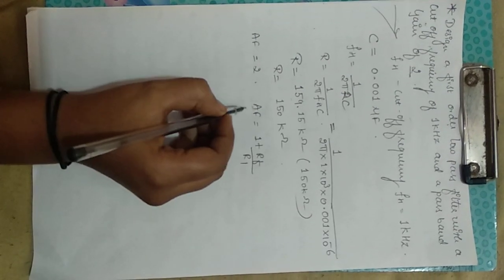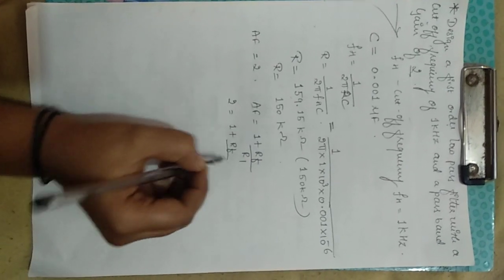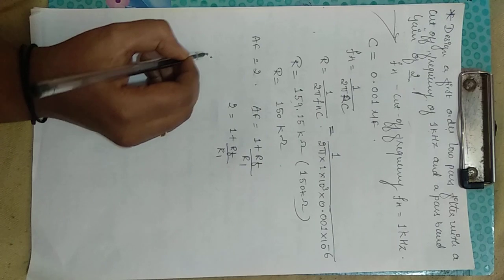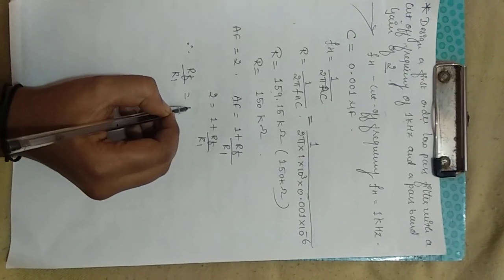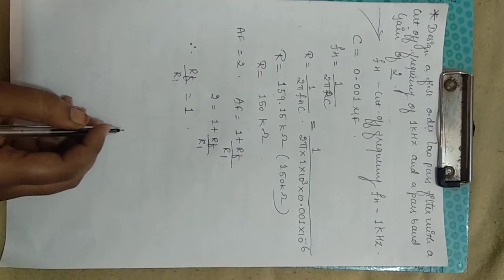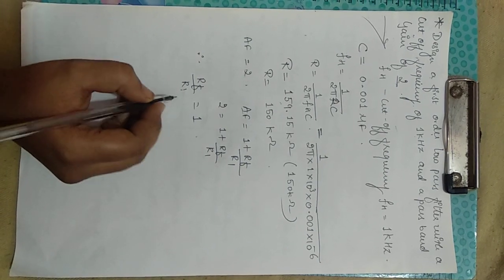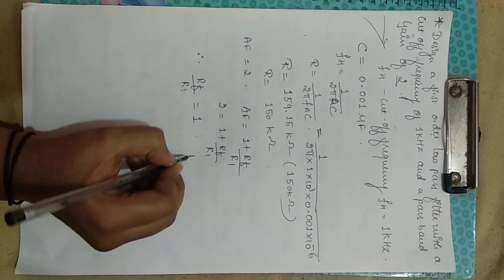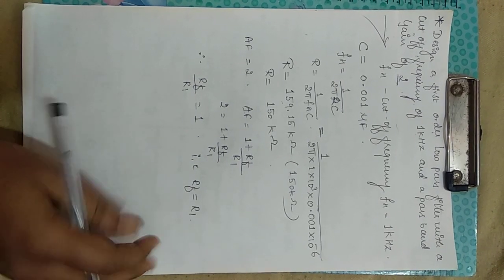We know AF is 2, so 2 is equal to 1 plus RF by R1. Therefore, your RF by R1 is 1. So RF is equal to R1.